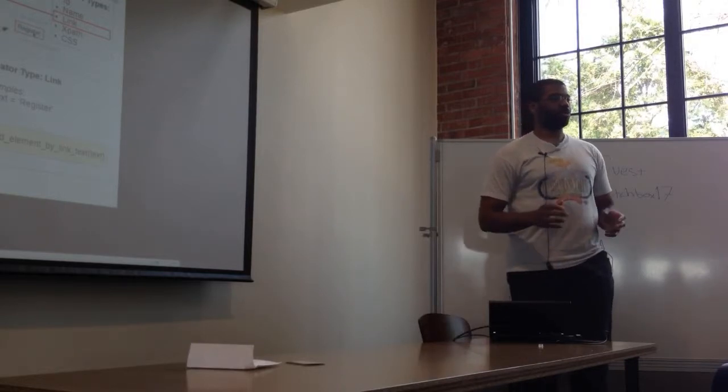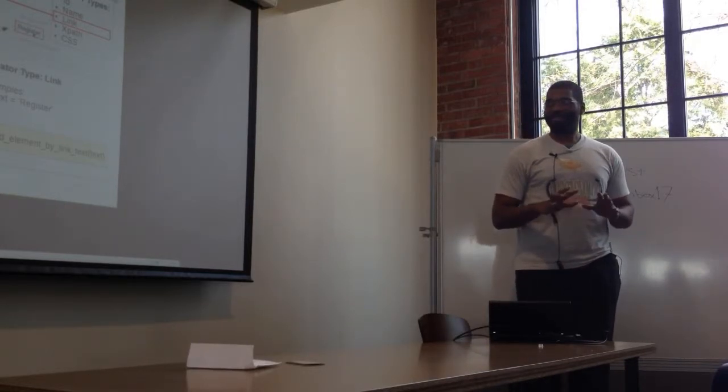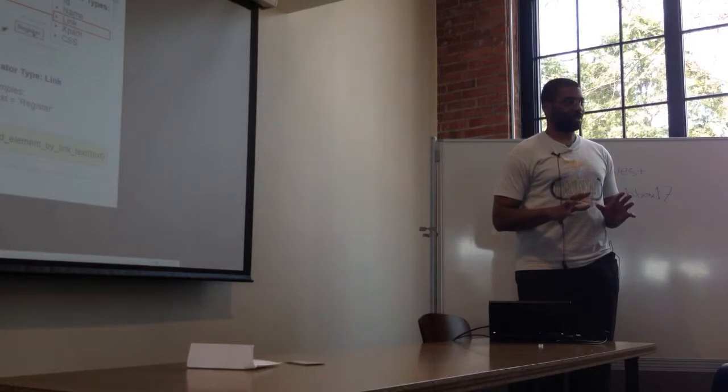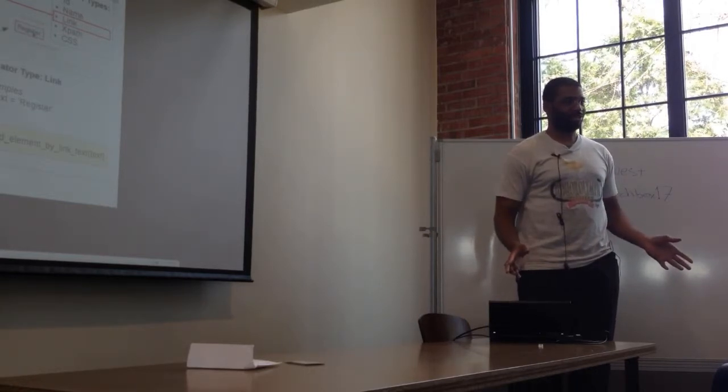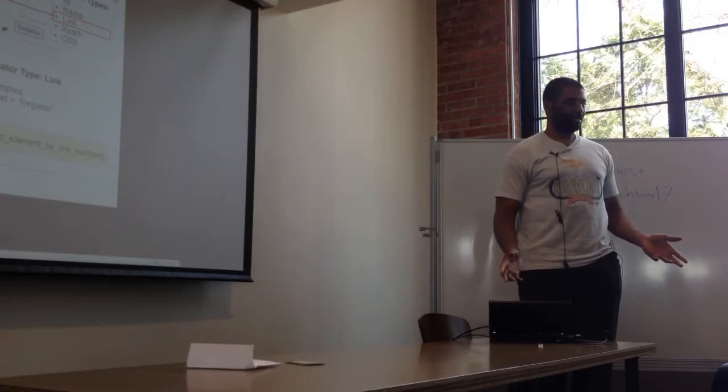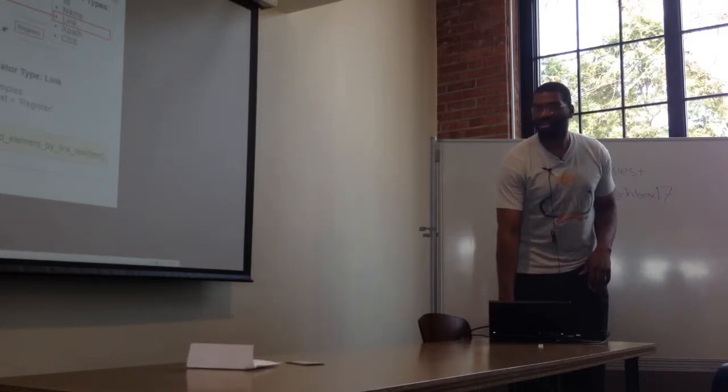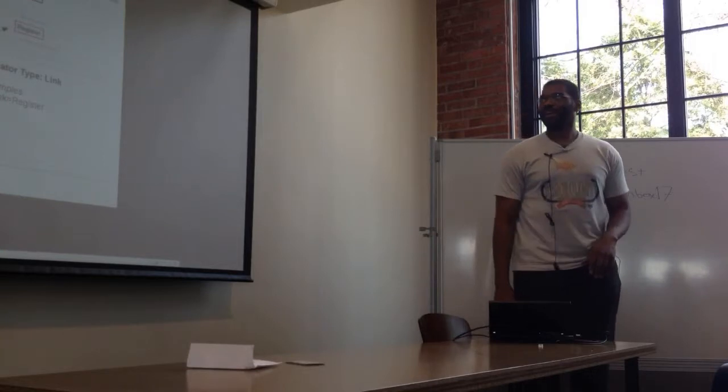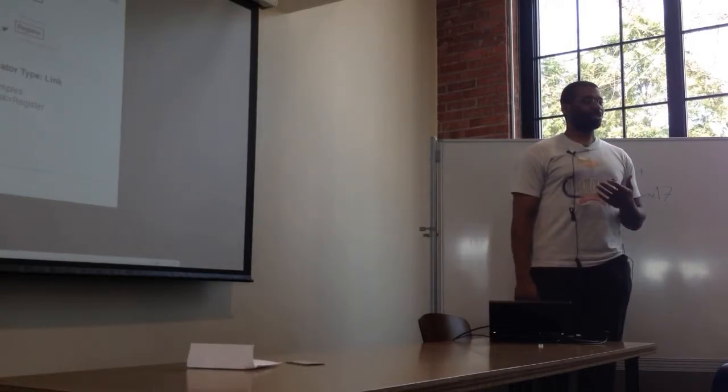Now this approach is very brittle, it's fragile, right? Because if you have the link named register anywhere else on the page, it could find that one first. So on our login page, we actually have the link register twice.